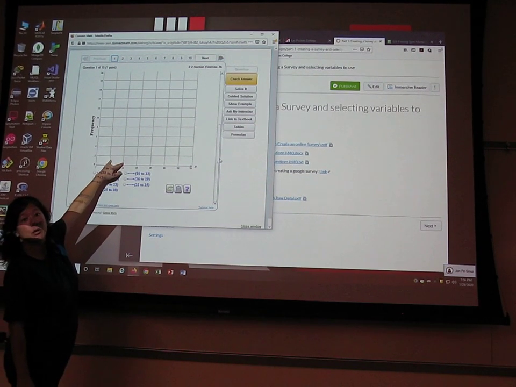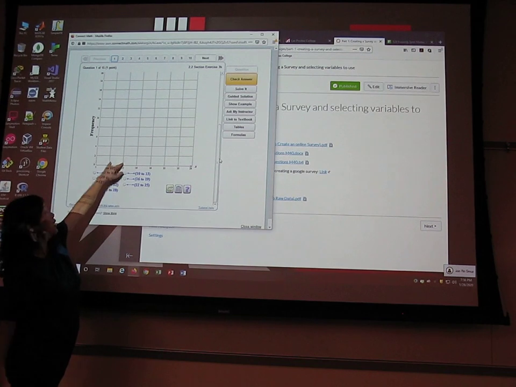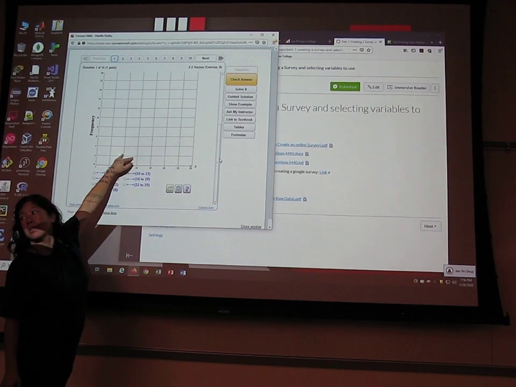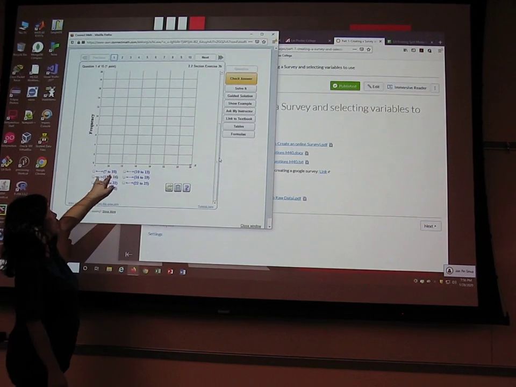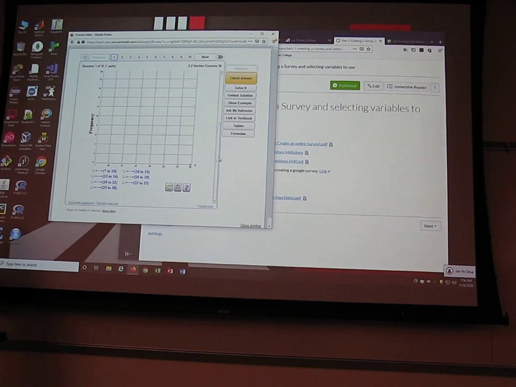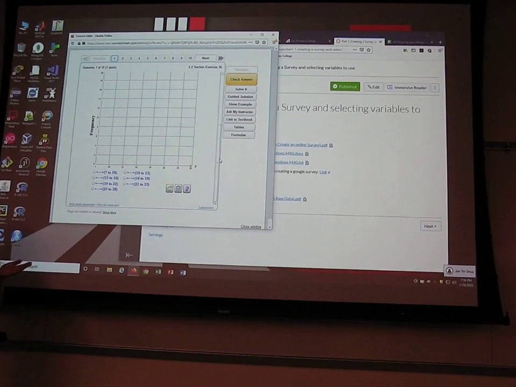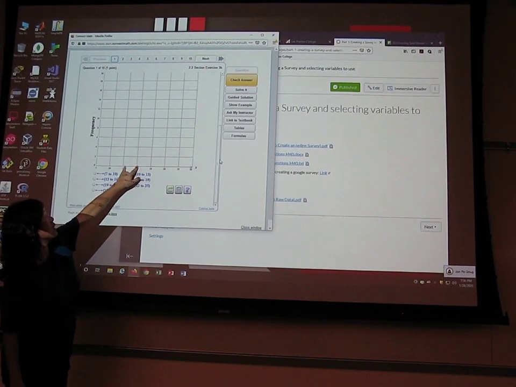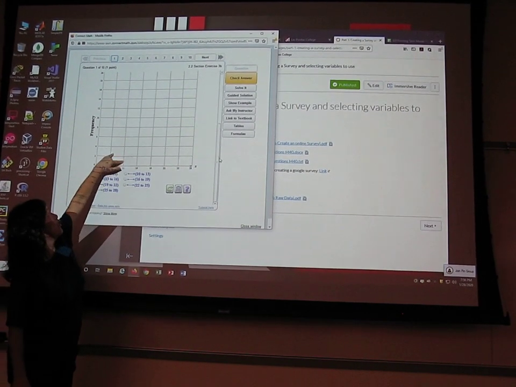It will give you an error, even though your graph looks good at the end. This says 13 to 16, it has to go in the 13 to 16 section. So if you use the wrong stick in the wrong spot, even though your graph looks exactly perfect, it will say it's wrong. So the 13 to 16 stick has to go between 13 and 16. The 10 to 13 stick has to go here.